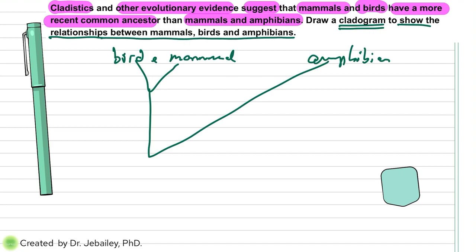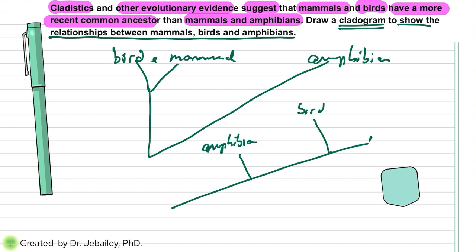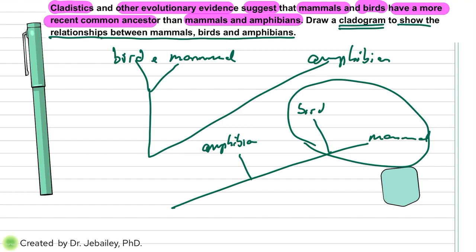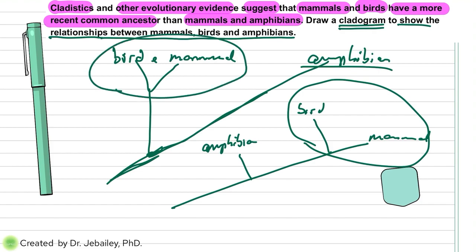So if it's more recent, I wouldn't draw it this way. I would draw the other way. I would draw the opposite. I would first put the amphibians, and then I will put the birds, and then I will put the mammals. Why? Because they're very closely related, and I wouldn't do the opposite, because if I do it this way, that means the amphibian somehow had some new trait that these guys didn't have.